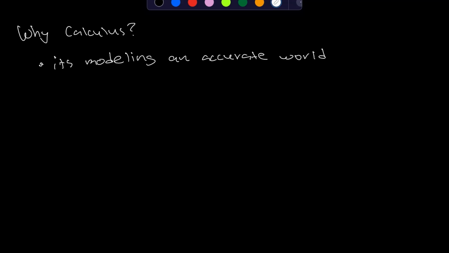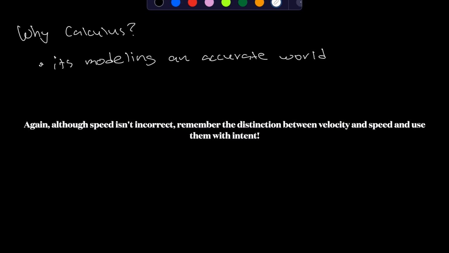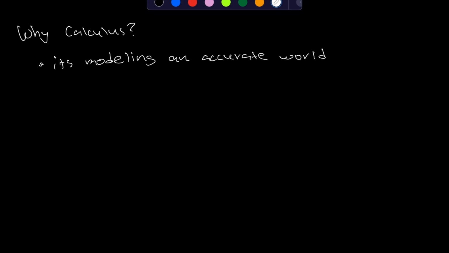In this case, we aren't using assumptions like in the integration graph of the velocity, where we aren't assuming that the particle just stays the same speed, because it doesn't work that way. There are so many different forces, so many different random collisions for this particle that it's just going to be changing. In most cases, it's not going to be traveling at the same speed. So we need calculus in order to model the most accurate.